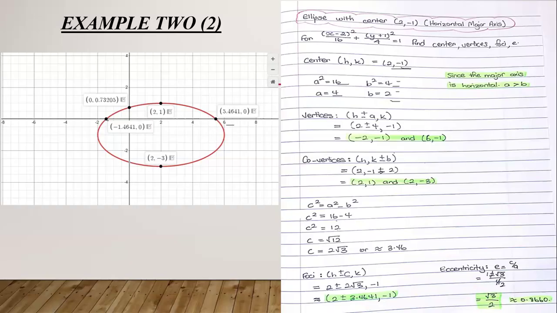Or if we do the calculation, we end up with 3.46. So to calculate the foci now, we have h plus or minus c, and k. So 2 plus or minus 2 root 3, negative 1. Then we have 2 plus or minus 3.46, and negative 1.